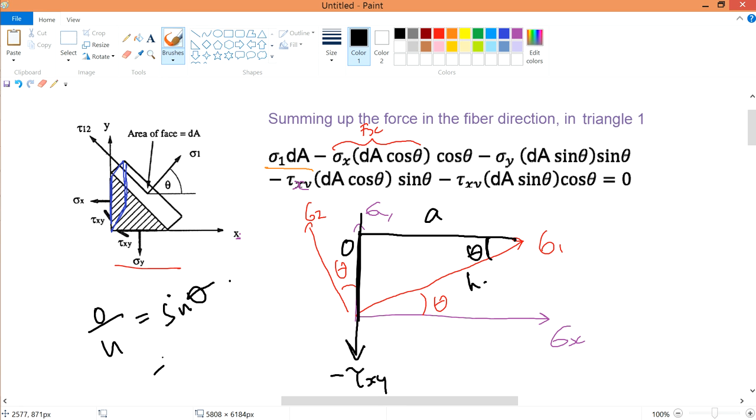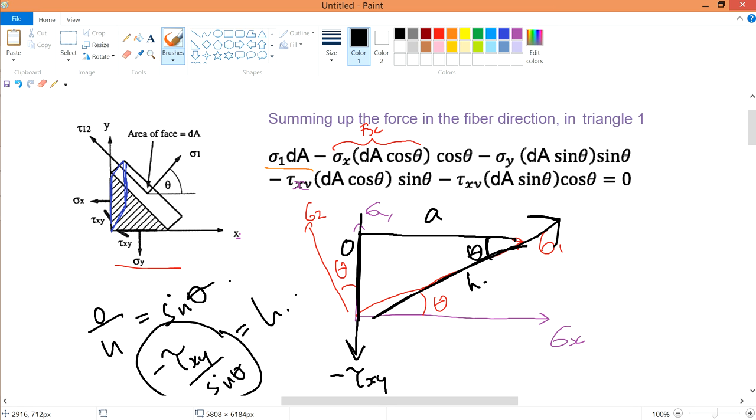So minus tau xy divided by sine theta is equal to your H. Your H is this one now. If you think about it, trying to do it in fraction form is troublesome, and therefore they translate into this form, which is this angle, and this becomes your hypotenuse instead of that.